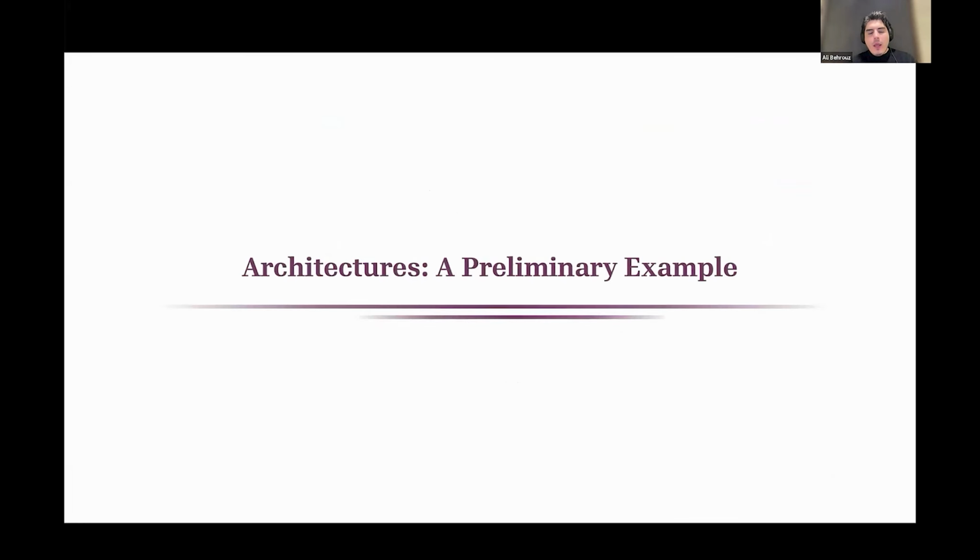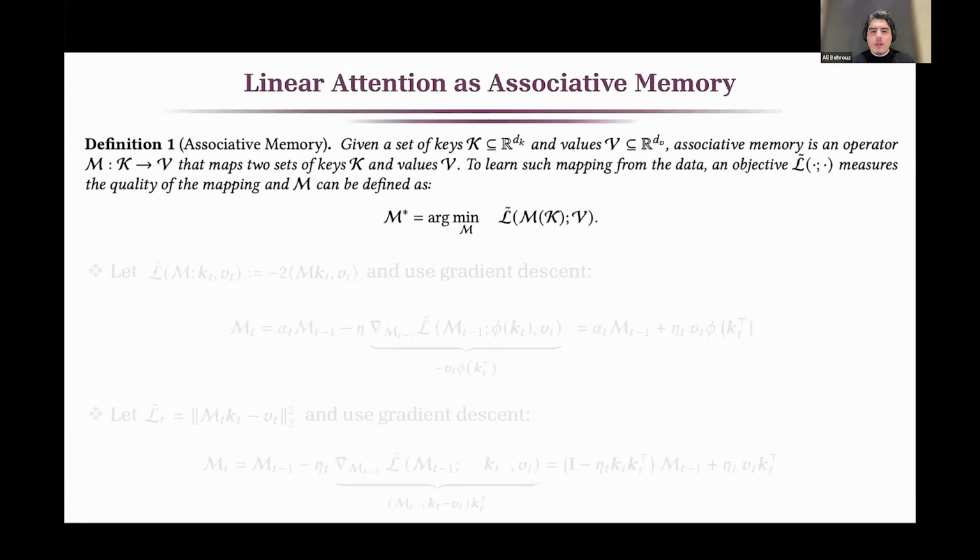So in the first part, after understanding this associative memory, we want to see that all of the architectures that we know of, everything that we have in the literature, are a form of associative memory somehow. At least the novel components that we are using more and more in recent years are a form of associative memory. So let's start with some simple examples.